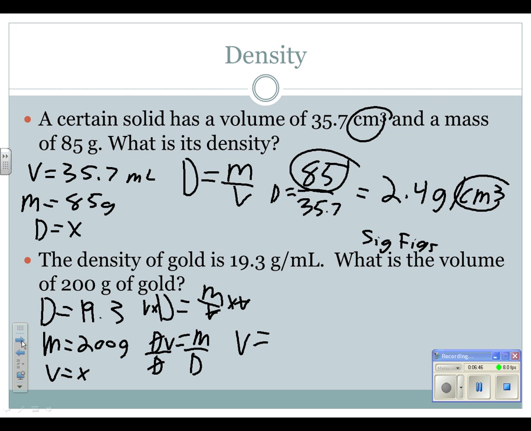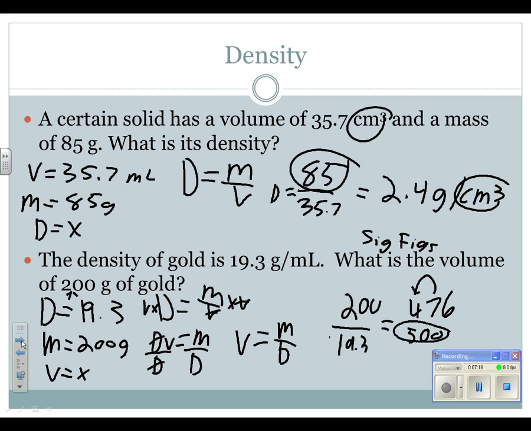So V equals M over D. Now just plug and chug. 200 divided by 19.3 will give you 476. But in your notes, there is no decimal here, which means we only have 1 sig fig, which means we're going to round this 4 to a 5 and call it 500. Never forget about your sig figs. That's all we got.